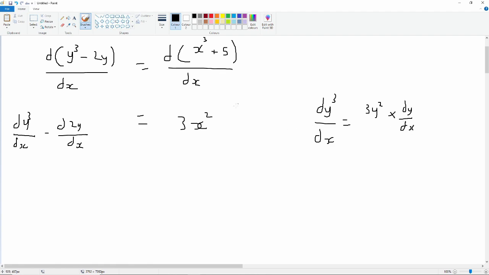So that's our first bit, and then our second bit, d of 2y by dx, by the same reasoning, is just going to be 2 times dy by dx.